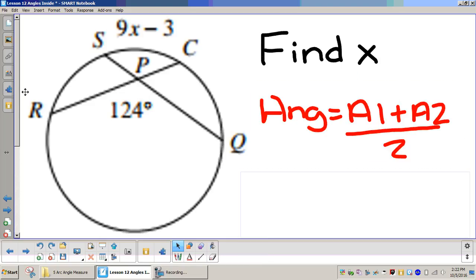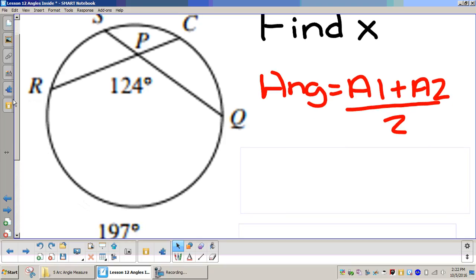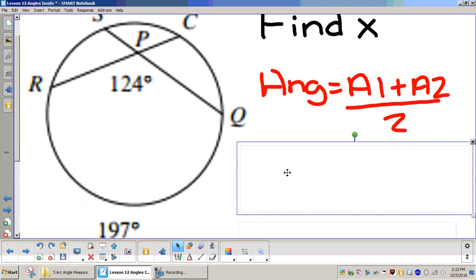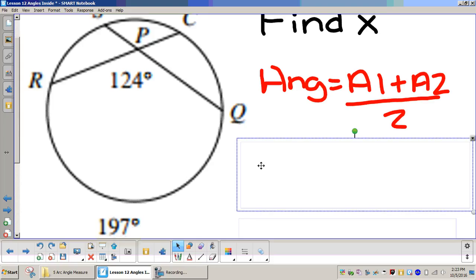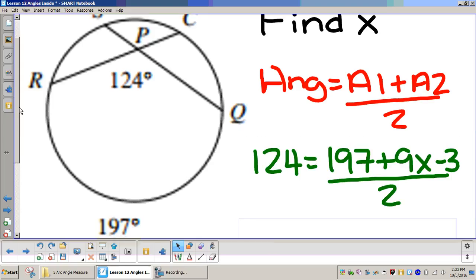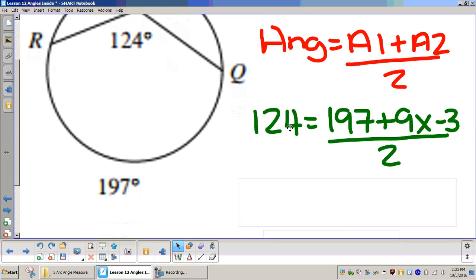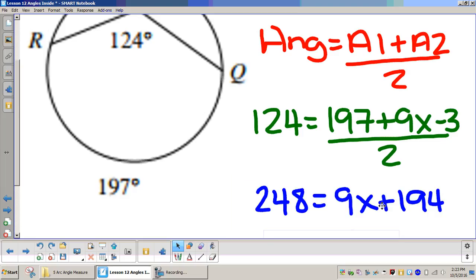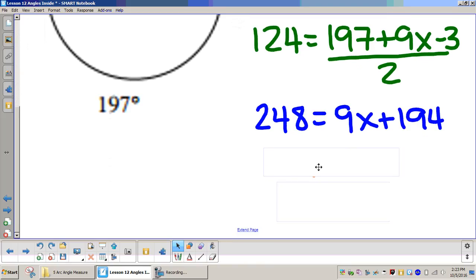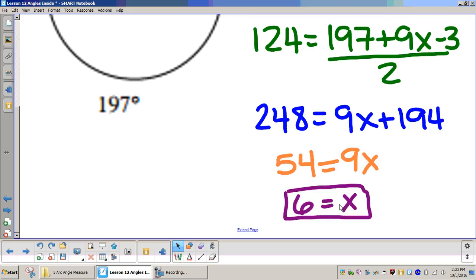So I'll use my formula and I'll plug in 124 for the angle, 197, and 9x minus 3 for the arcs. Simplify the top. 197 minus 3 is 194, and multiply by 2 on both sides. And then I finish by subtracting 194 and dividing by 9 to get x is 6.